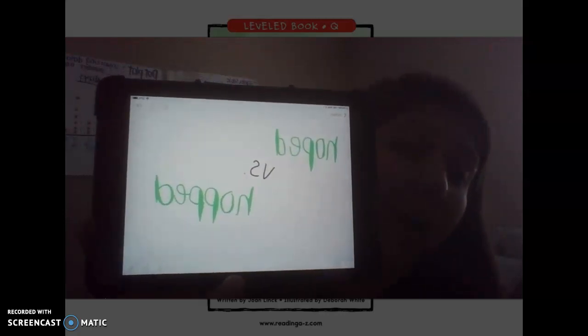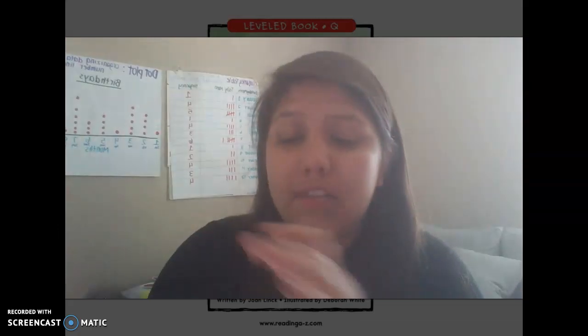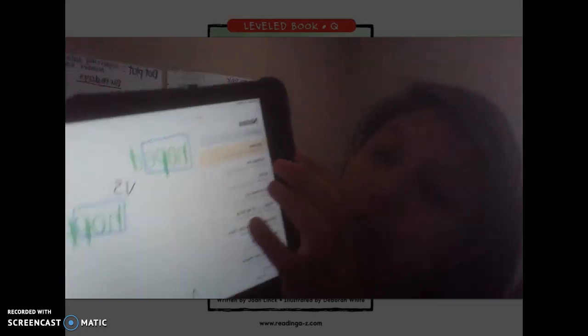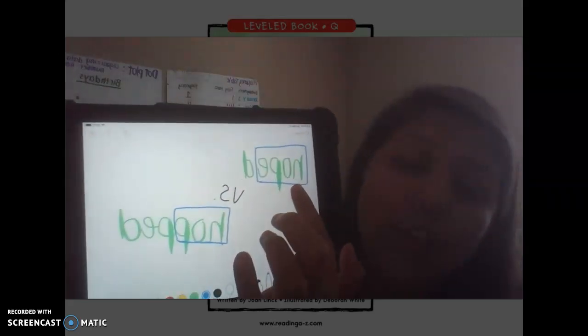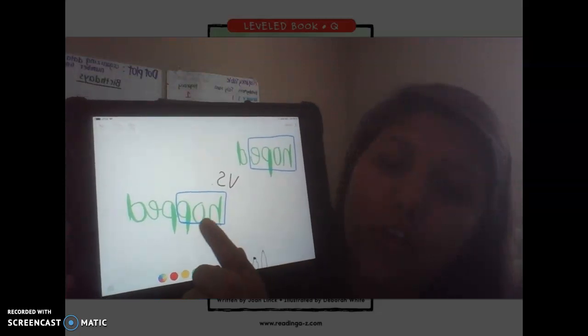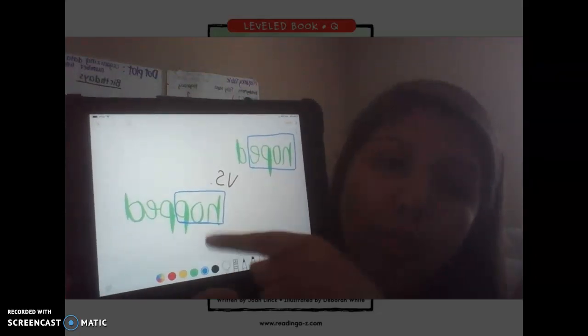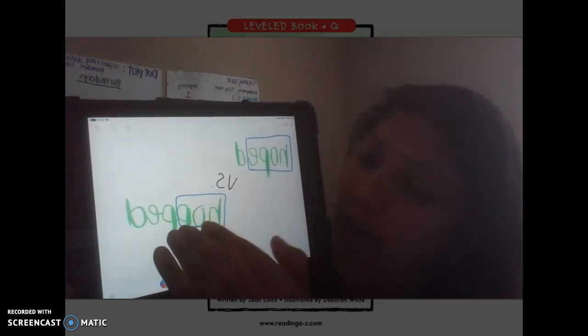And so I'm going to underline the root word. Okay, I decided to box them instead of underline them. So if you take a look, here we have hope, H-O-P-E, and then we have hop, H-O-P. Those are the base words of this word and of this word.